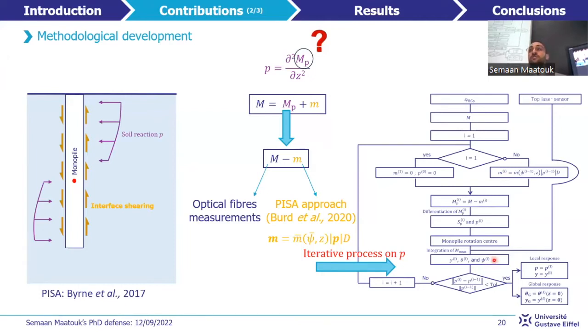Then, for iteration numbers bigger than 1, the distributed moment m is considered and is determined from the experimental variables obtained at iteration i-1. Then I continue to repeat the same process until the norm of the difference between the soil reaction at iteration i and i-1, normalized by the norm of the soil reaction at iteration i-1, is lower than a tolerance value, which is chosen to be 10 to the power minus 2, based on a convergence criterion.